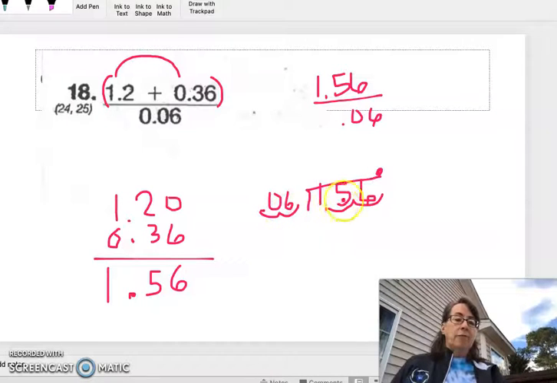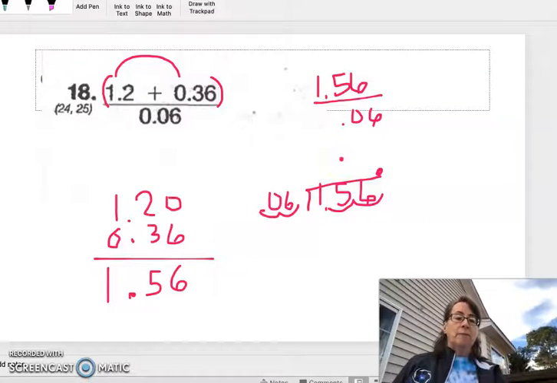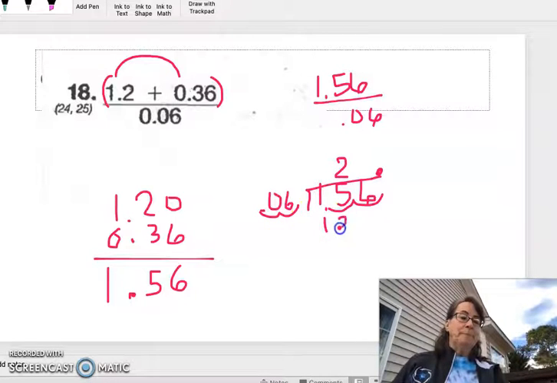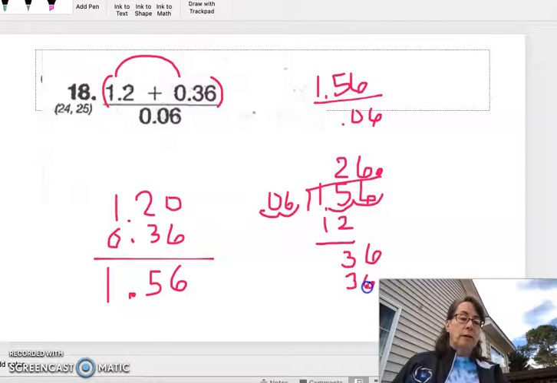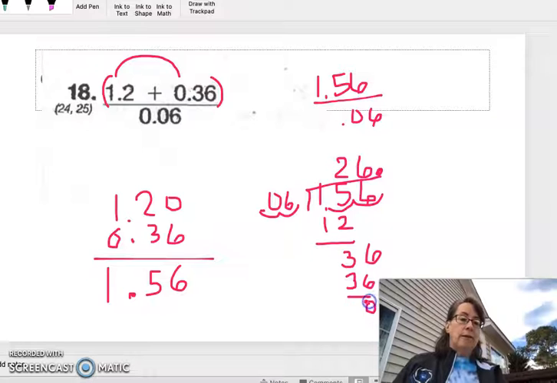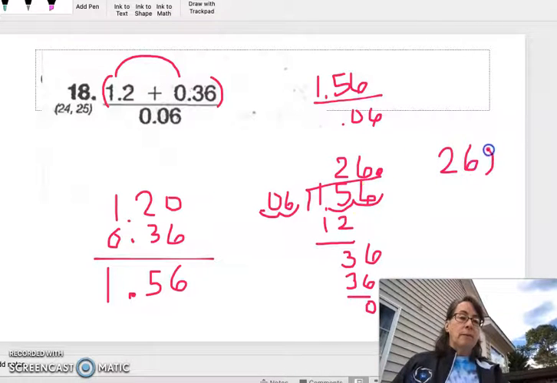And 6 goes into 15, not 0 times, 2 times. 2 times 6 is 12. 15 minus 12 is 3. Bring down my 6. 6 goes into 36 6 times. And I have no remainder. I do not need to extend this at all. 26 is my final answer.